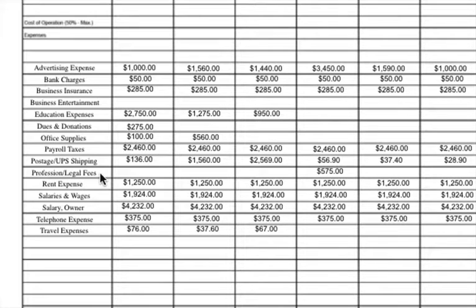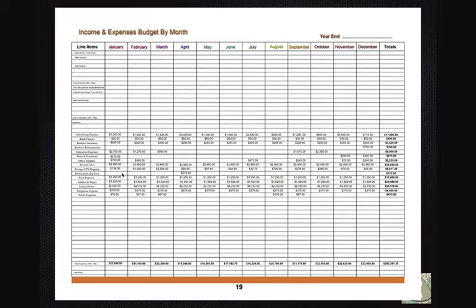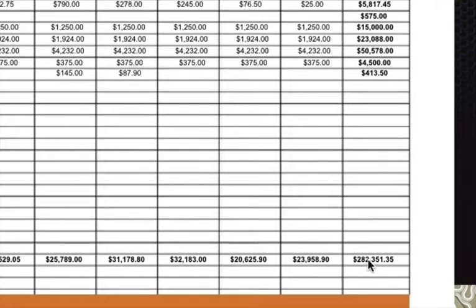In the packet, you'll notice that I have this sheet also inside the packet. You'll also notice that I spread out my salary for myself and the salaries and wages for our employees separately, although the payroll taxes all come out in one area. So those are things that you should set aside. The other thing you'll notice in the lower right corner is the total of how much outflows you have going.